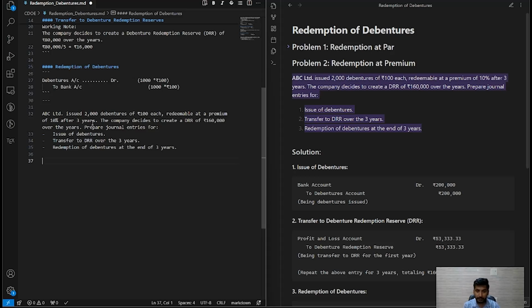The company decides to create a DRR of rupees 1,60,000 over the years. Prepare the journal entries. First, the issue of the debentures: bank account debit to debentures, 2000 into rupees 100 each.